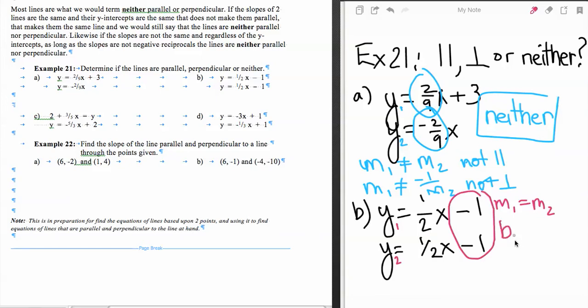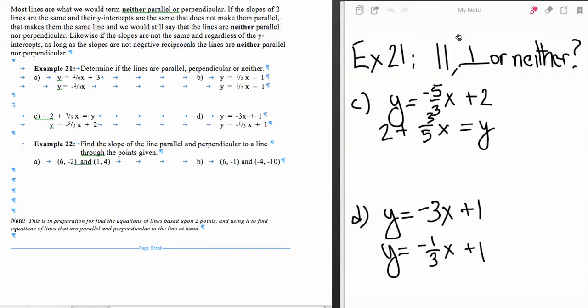So here we see B1 equals B2. So again, these are neither, because when the y-intercepts are also equal, this means that they're the same lines. And so we can't say they're parallel, they're not. So these again are neither.